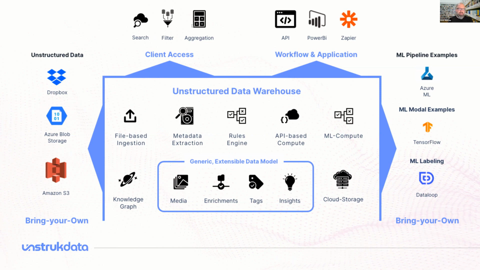So we want to have the ability to take in unstructured data from any source: Dropbox, Azure Blob Storage, Amazon S3. Bring your own data into the system, dump it in the hopper, generate knowledge from that, and then have clients like a search and filter interface, analytics, expose it via API so other systems can talk to it, integrate with other systems like Esri or SAP, and integrate workflows like Zapier.